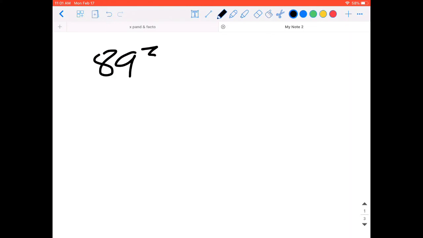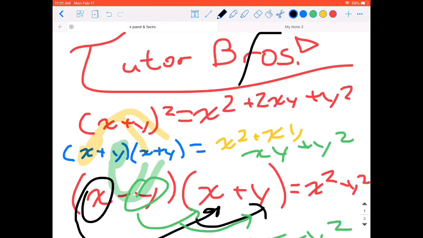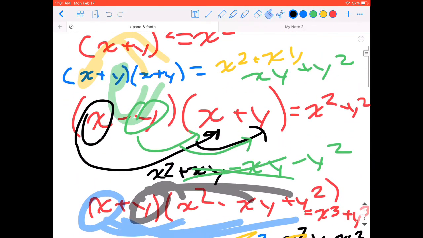Yeah, that's doable. So with our expand and factor, we've got difference of squares, that's what we're going to use here.